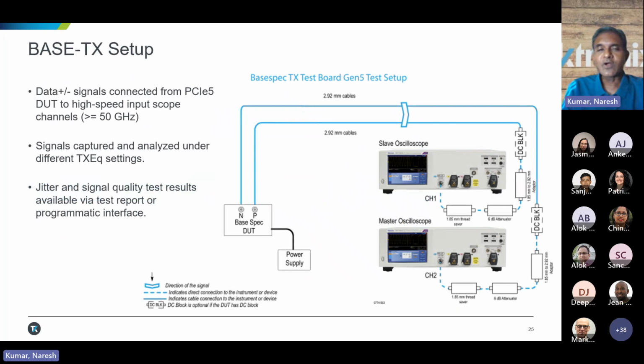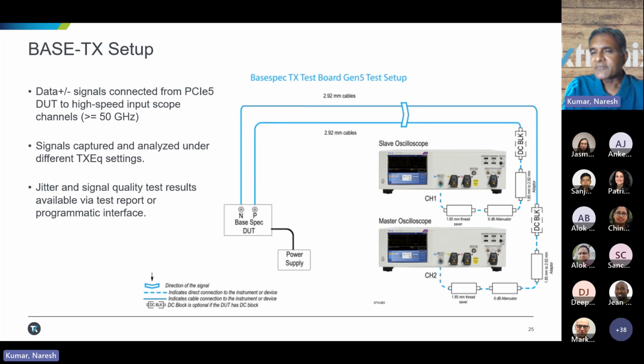So these test specifications are important for us because we base our test solutions on these test definitions. This is an example of how a base, I mentioned about PCI Express base and CEM specifications, this is how a base test setup would look like. You can see that there are certain channel related connections.